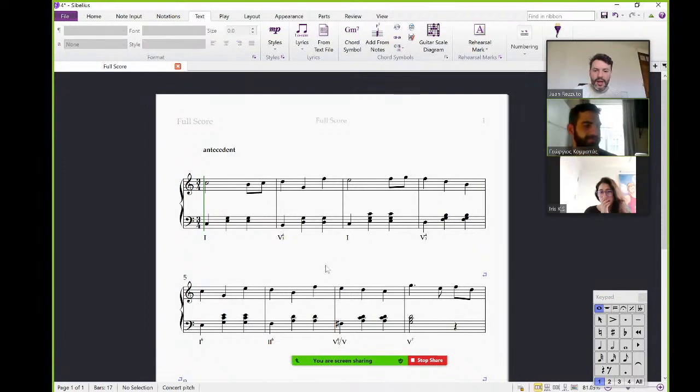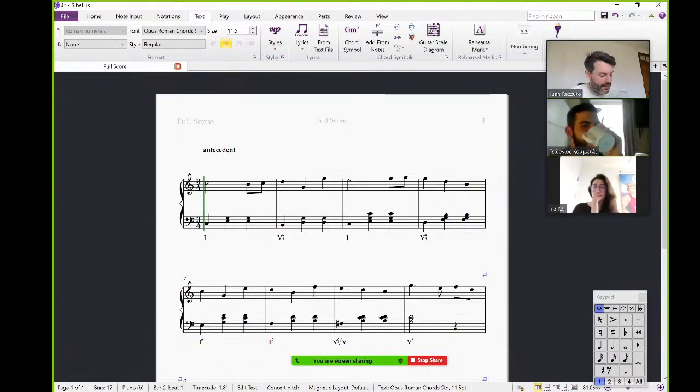Very good. Okay, I can't put this into a bracket. That's one of the things in which you're right. Actually, Sibelius sometimes doesn't let me. Okay, that's it.